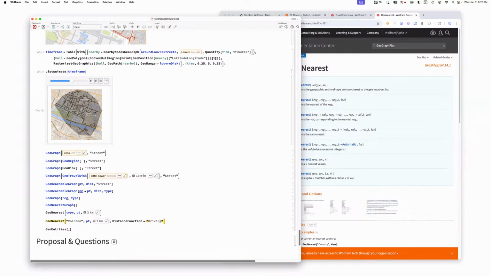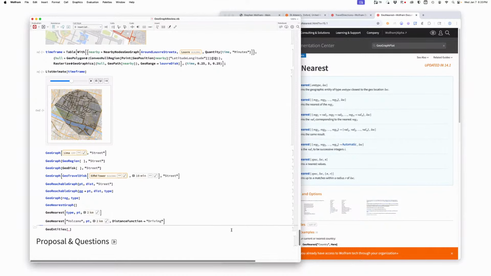Right. We could have geodisk, but that was the point I was making about hovercrafts. A geodisk with a distance function of driving doesn't make sense. Right. Yes, this cannot be inside geodisk.